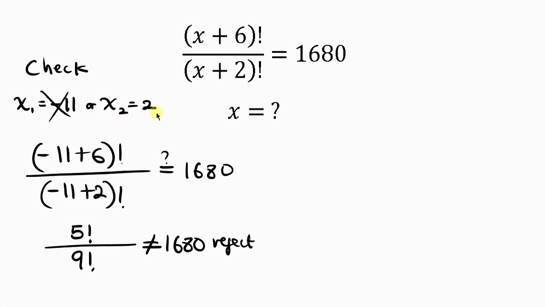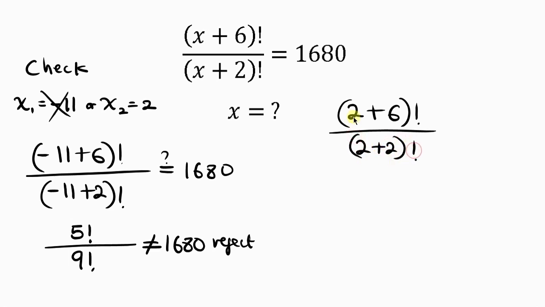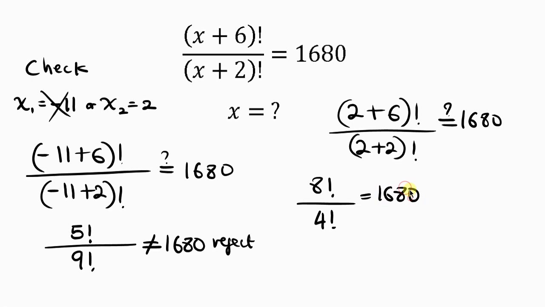Now, what about when x is 2? When x is 2, we have (2 plus 6) factorial all over (2 plus 2) factorial. Now 2 plus 6 is 8 factorial all over 2 plus 2 is 4 factorial. So we're going to be checking if we'll have 1680. Now 8 factorial is 8 times 7 times 6 times 5 and then times 4 factorial.